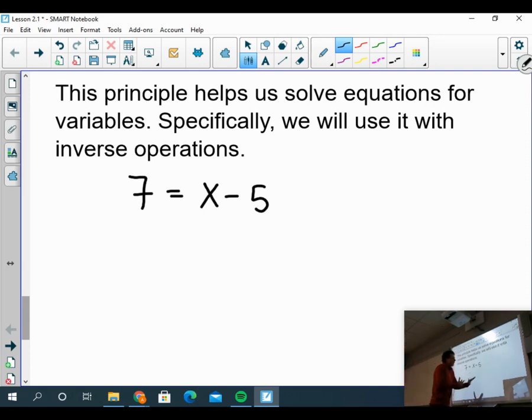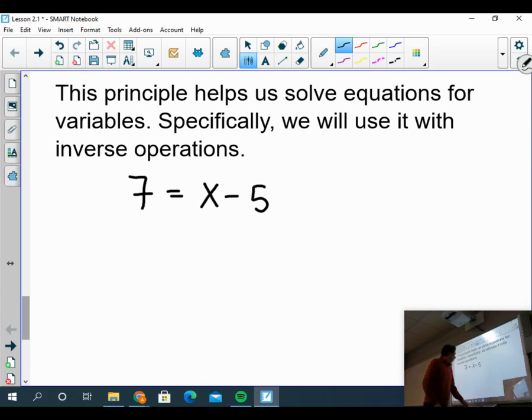One of the ways we do that is these things called inverse operations. Inverse operations are going to help us move numbers around so the variable is by itself. This helps us find the solution. But in doing that, the principle we'll keep in mind is what we do to one side, we must also do to the other. So let's go ahead and try an example here.